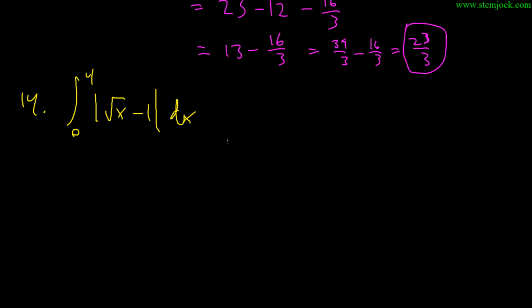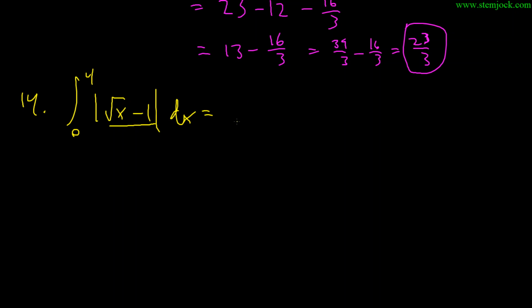So what we do is we look at the function that's inside and see where it's positive and negative within the interval from 0 to 4. So if we plug in 0 for x, we get 0 minus 1, that's a negative number. If we plug in 1, the square root of 1 minus 1, that's 0.